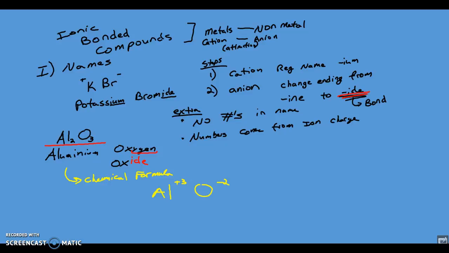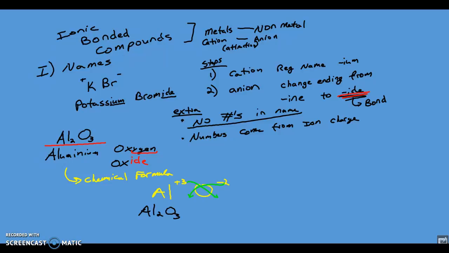We will move this 3 down here and this 2 down here to produce our original Al2O3, aluminum oxide. Now we don't write the numbers in the name. We do not do that. We have to learn the numbers and we infer that from the name. So aluminum oxide, Al2O3, we don't use the numbers in the name. We calculate the numbers based on this X rule that we talked about before, based on the charges.